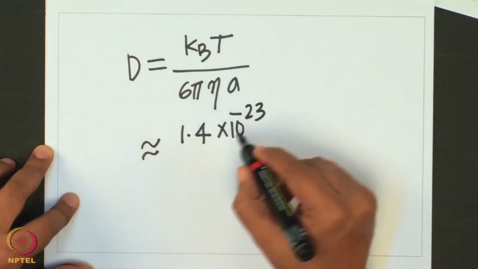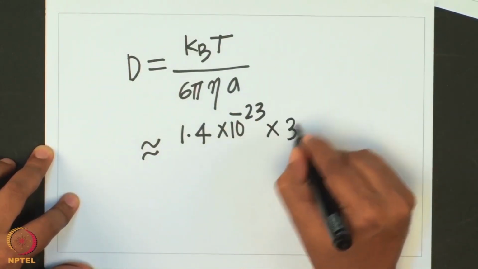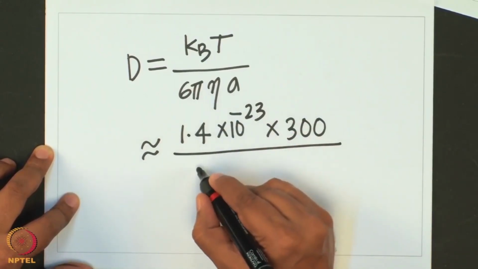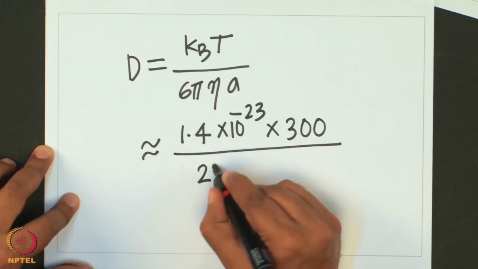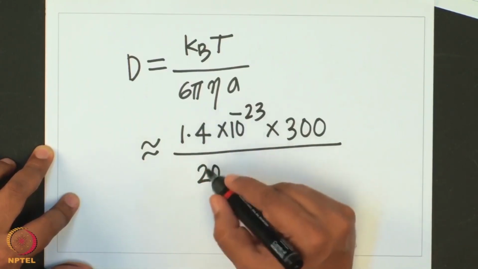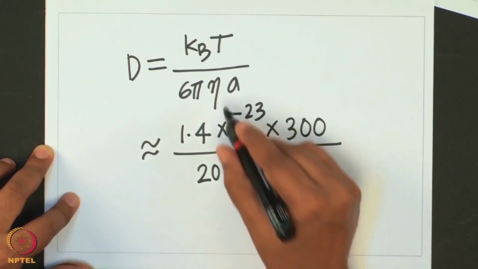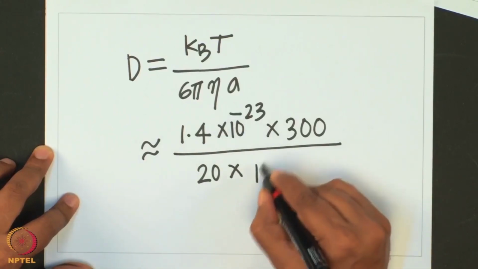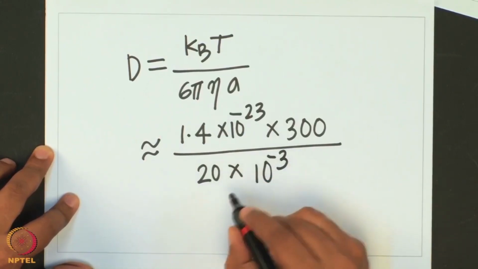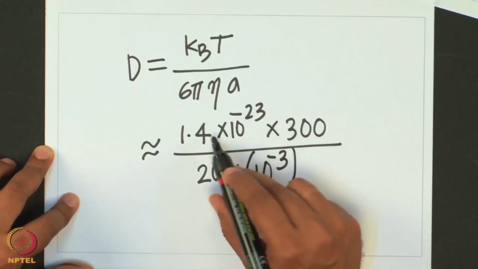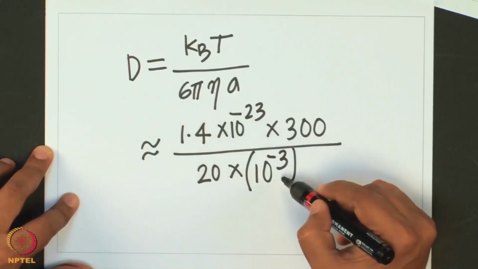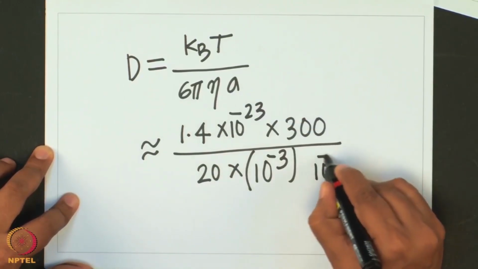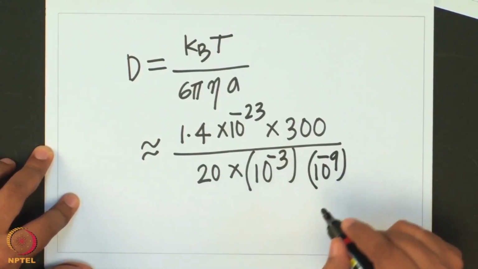The temperature is 300 Kelvin, and 6 pi is around 18 point something, but let us take 20 as an order of magnitude. Eta, the viscosity of water, is 10 power minus 3 in SI units, and a is of the order of a nanometer, which in SI units is 10 power minus 9 meter.